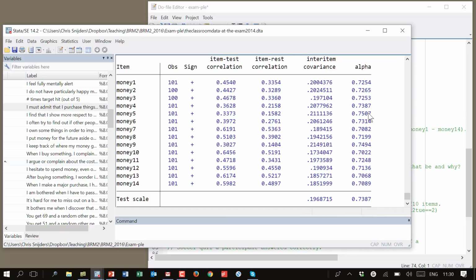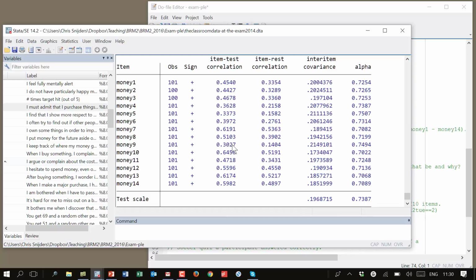Let's see, that one, 0.7507, or that one. I think all the other ones are lower, so let's see, this is 5, and 9. Now let's have a look at the other ones.